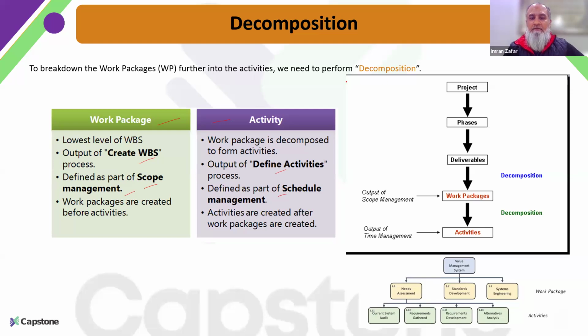The technique we utilize to complete the WBS, whether in the scope area or the schedule area, is decomposition, breaking it down into the required level of detail. Once we decompose every work package into activities, we will have a complete activity list. We will know that these are the activities I will need for my complete project.